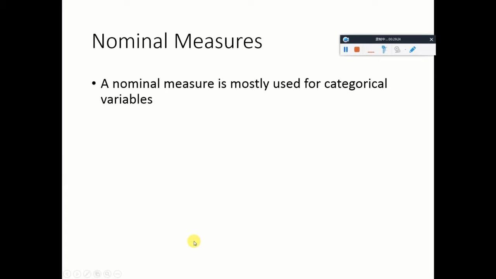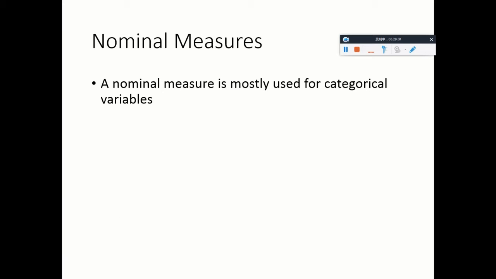All right. So lastly, to repeat the emphasis on the distinction between a nominal measure and a categorical variable: a categorical variable can only be measured by a nominal measure, right? You cannot use a continuous measure, for example, to measure people's biological sex.